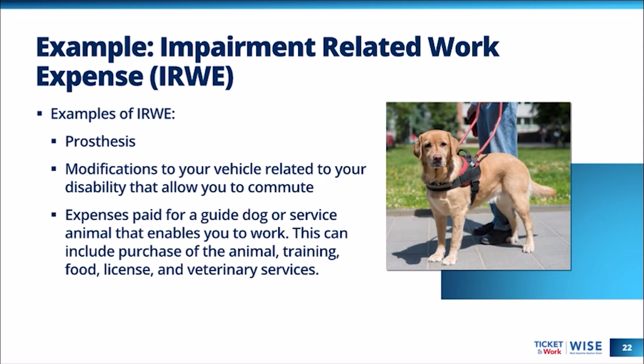All of those combined together are a deduction from your gross income to see how much counts against your SSI or whether you're doing substantial gainful activity for SSDI. It's always good, and I love the pup, because it's always good to go beyond what you consider the IRWE to be.